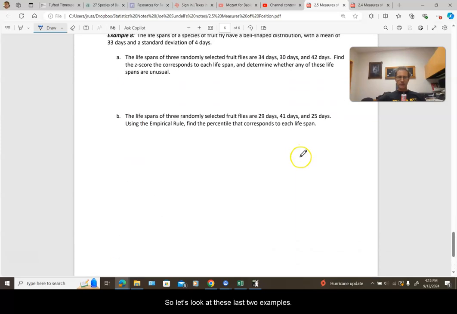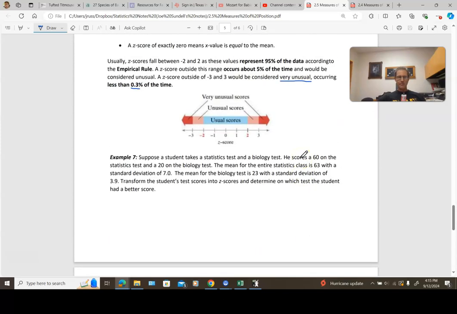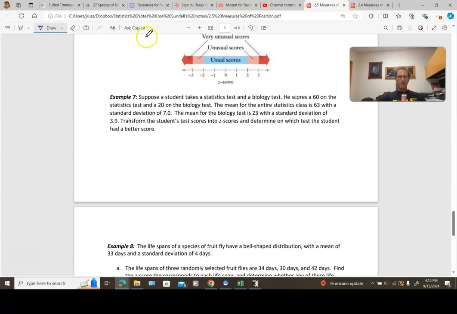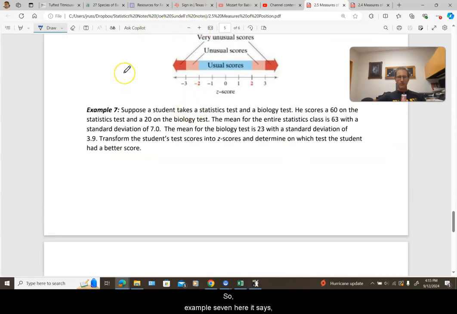So let's look at these last 2 examples. Example 7 says, suppose a student takes a statistics test and a biology test. He or she scores a 60 on the statistics test and a 20 on the biology test. So those are the actual raw scores.